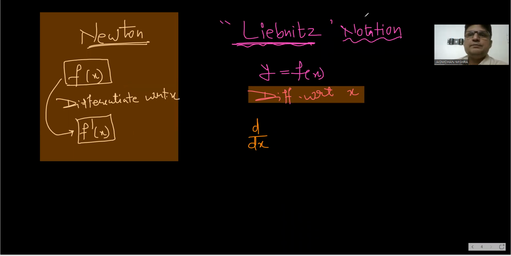So Leibniz said that if y equals f of x, then d by dx of y, you write d by dx on the left hand side, equal to d by dx on the right hand side, that is d by dx of f of x. Okay, what is the meaning of d by dx?